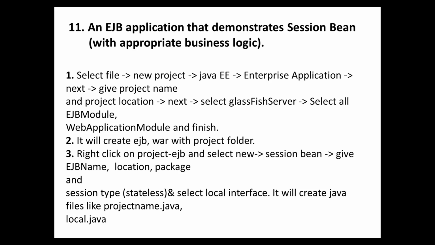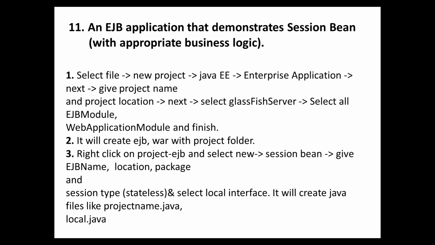First we go to File in NetBeans, and take a new project, and we select Java EE, that is enterprise applications, and give the name of the project. Also we select the project location where your project will be stored.